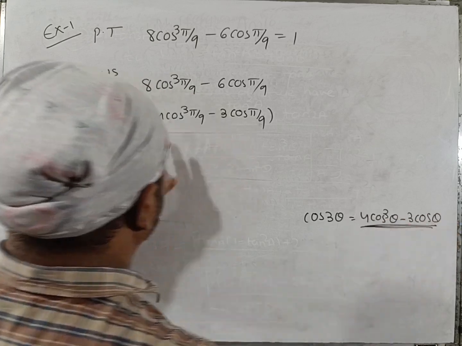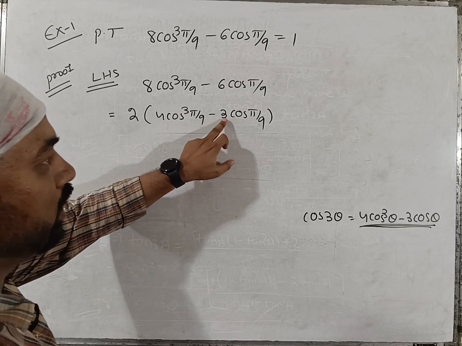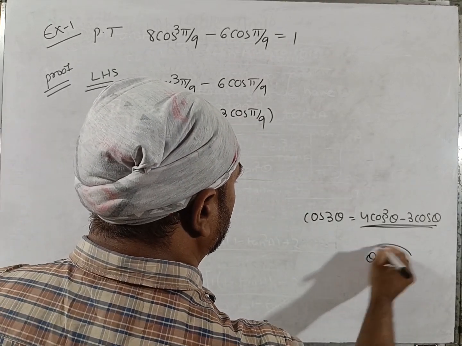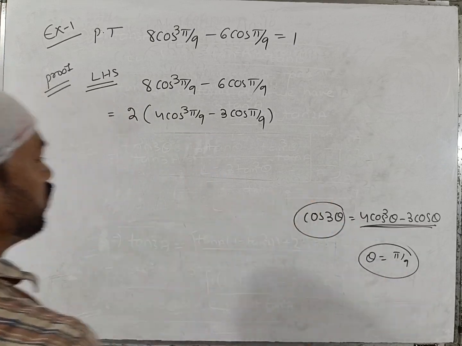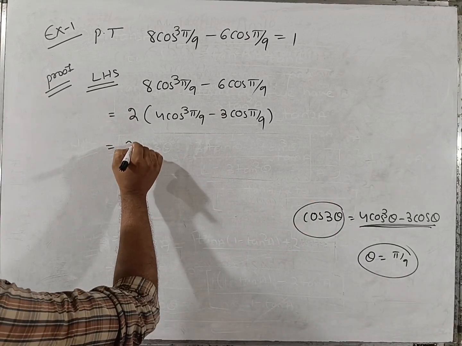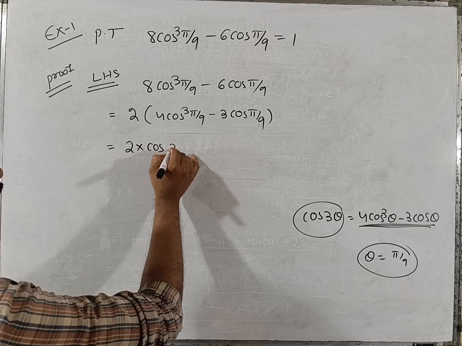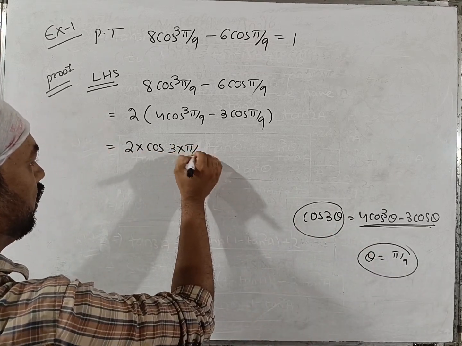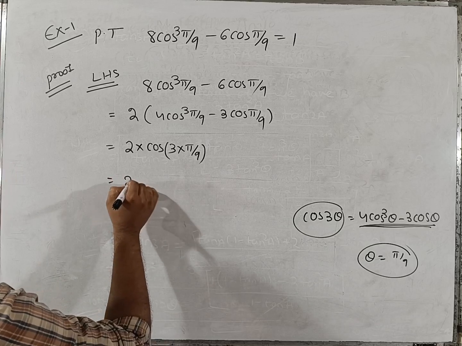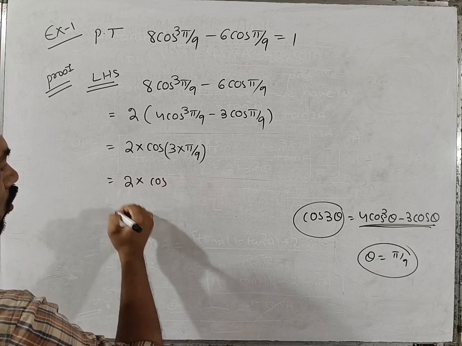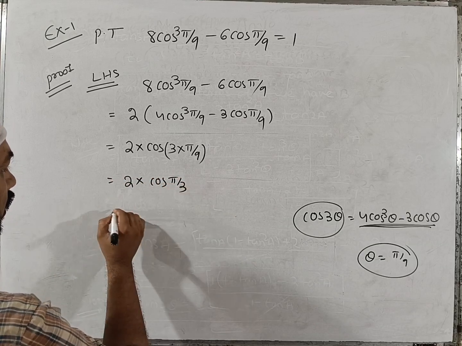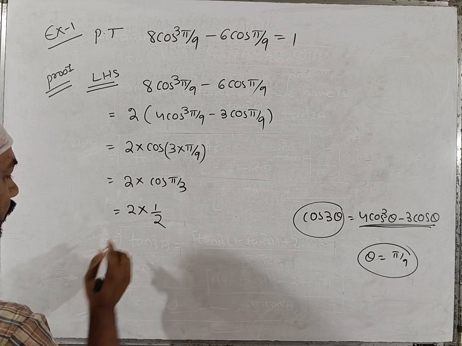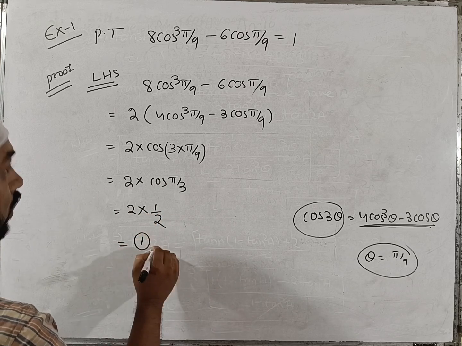So we can apply cos 3 theta here. 2 multiplied with cos 3 theta, and in terms of theta we put pi by 9. So it is 2 multiplied with cos pi by 3, and cos pi by 3 is 1 by 2. So it is 1.